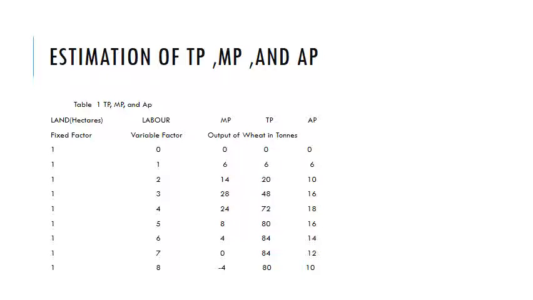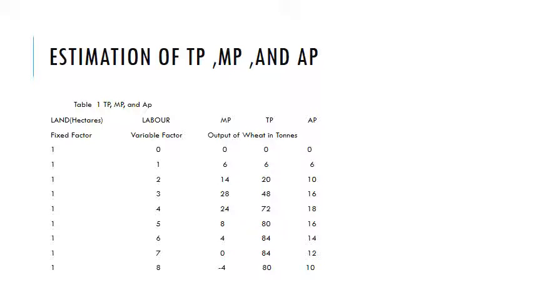So in this case, when no labor is employed, total production is 0. When we employ 1 labor, total production is 6 tons of wheat, and marginal production is also 6, average production is also 6.